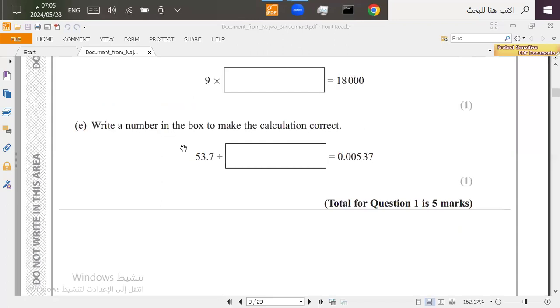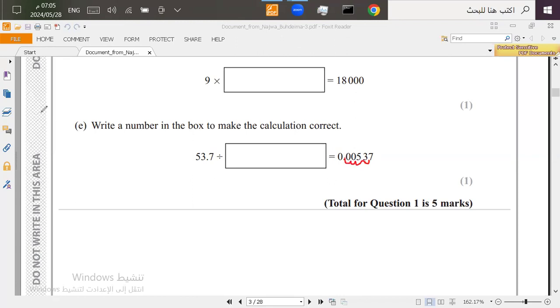Question E, write a number in the box to make the calculation correct. Same idea. You need a number that when you divide this number by it, you get 0.00537. First, take a look at the decimal point. How many times did it move? It was between the 7 and the 3 here, so it moved 1, 2, 3, 4.